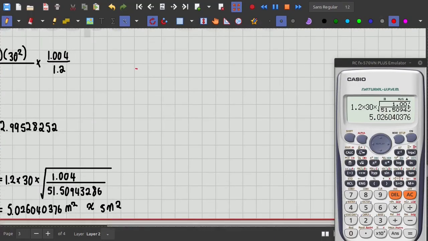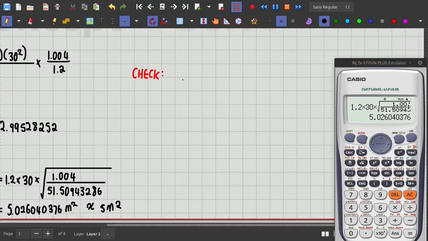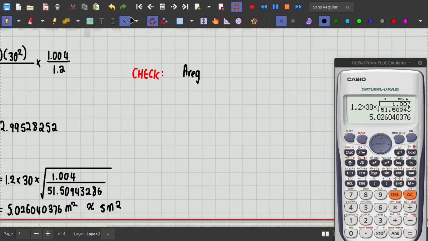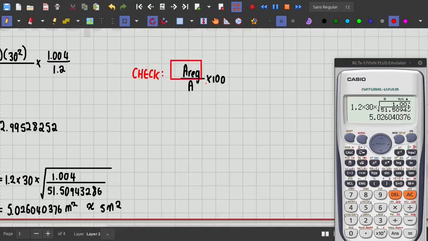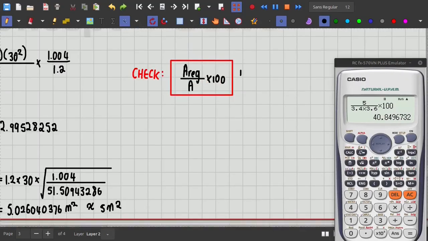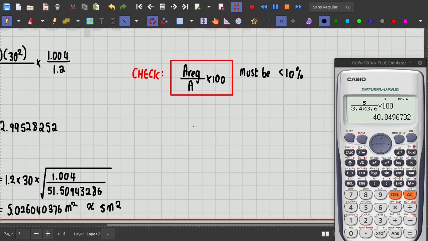Note, there's a check here. If you take the area of the regulator over the area of the tunnel times 100, you will get a percentage. That percentage must not be greater than 10%. Why?